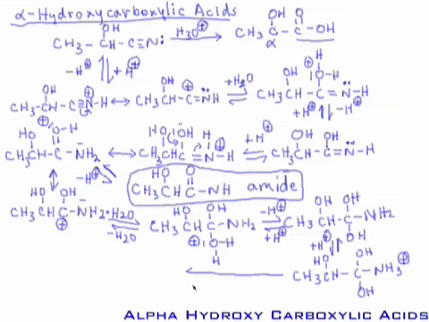I'll take this down this far. Minus NH3+. Now the NH3+, when it leaves, it becomes NH3. The NH3 very quickly, in mild base, will grab a proton and go to NH4+, because NH3, ammonia, is a very powerful base. So this guy will become NH4+.